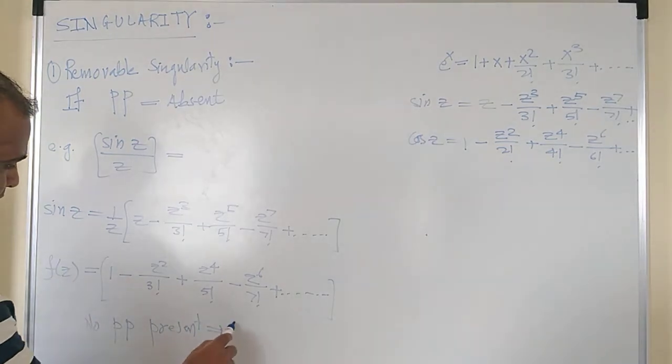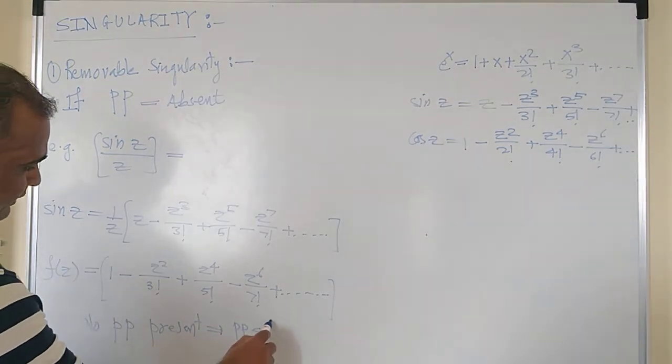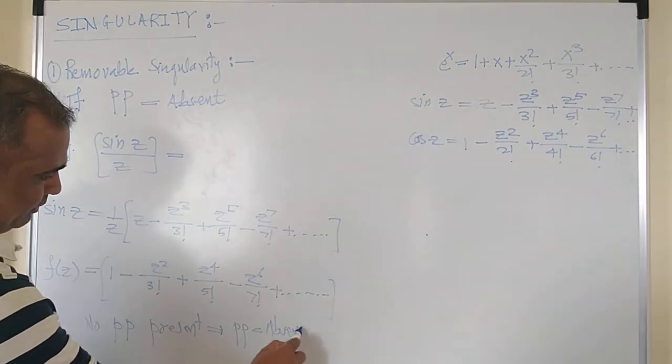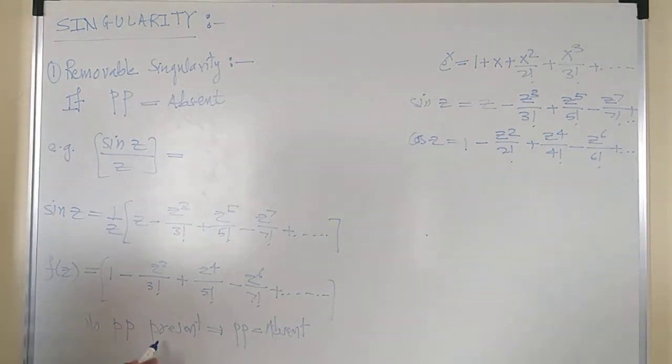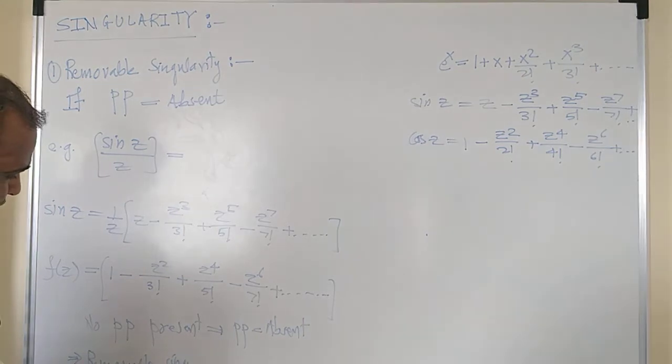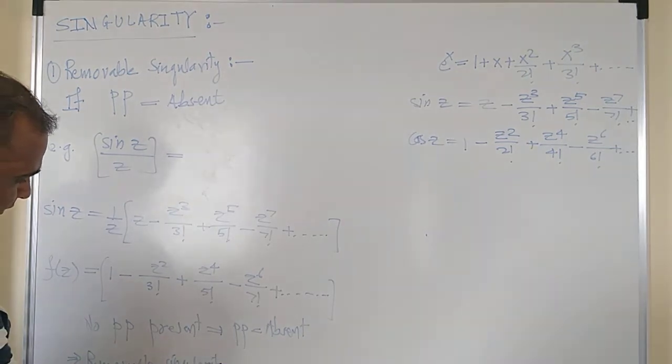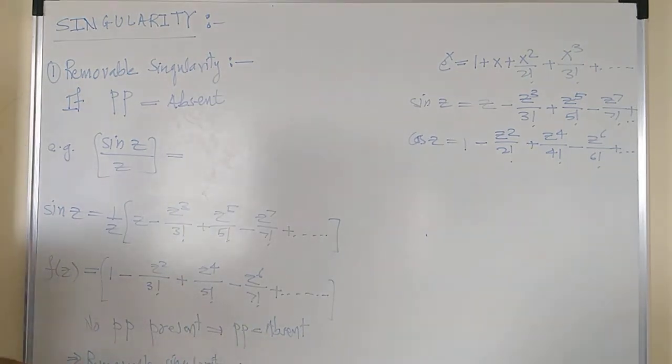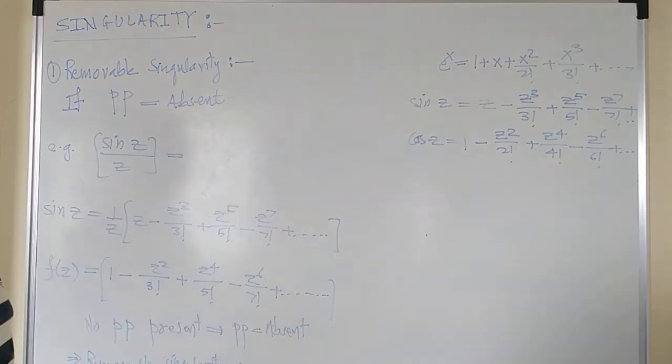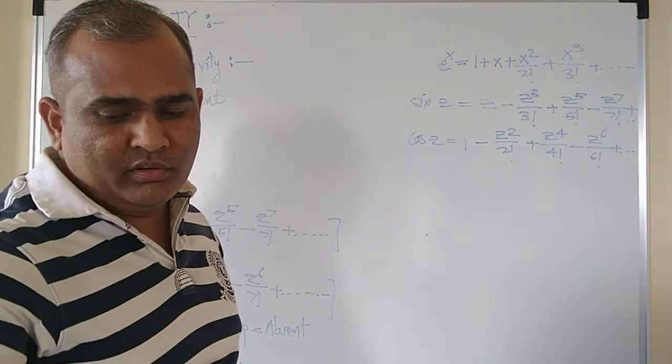That means the principal part is absent, and being absent, this kind of singularity is called a removable singularity. This is a removable singularity. So hope you have understood the first kind of singularity, that is removable singularity.